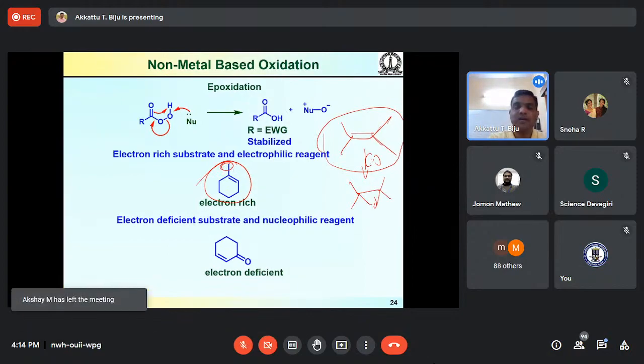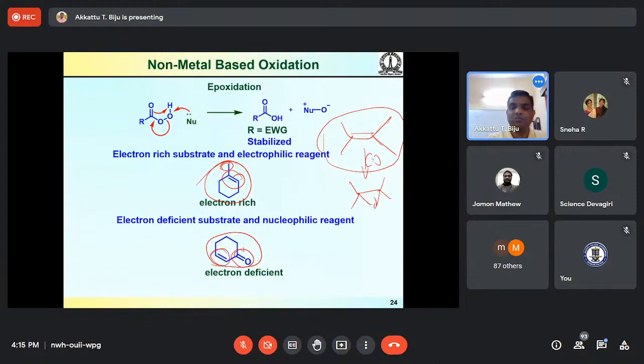By virtue of the hyperconjugative effect, the carbon-carbon double bond will be relatively electron rich. But on the other hand, if we have an alpha,beta-unsaturated carbonyl like cyclohexenone, because of the presence of this carbon-oxygen double bond, this carbon-carbon double bond will be very much electron deficient. So here we have an electron rich system, and here we have an electron deficient system.